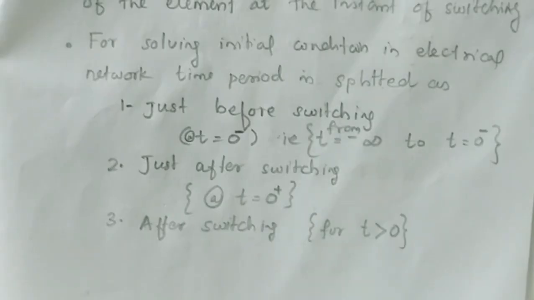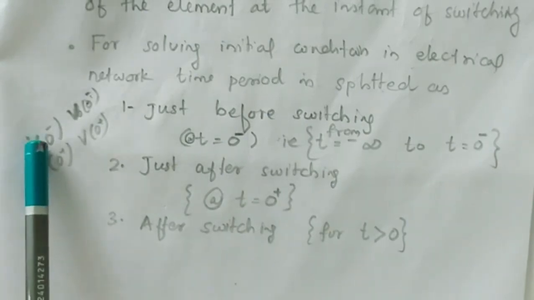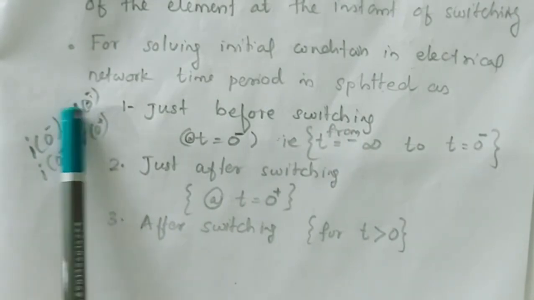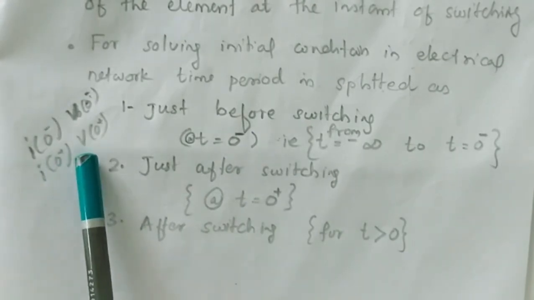To differentiate between the time immediately before switching and immediately after switching, we use the signs minus and plus. For example, the current and voltage just before switching are denoted by i(0−) and v(0−). Similarly, the conditions just after switching are denoted by i(0+) and v(0+).